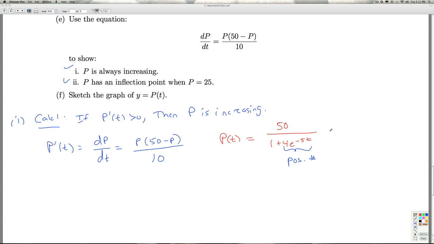So that means P of t is equal to 50 over something bigger than 1, which means P of t is always between 0 and 50. With that observation, P prime of t is always bigger than 0 because P is bigger than 0, and 50 minus P is always bigger than 0 because P is less than 50. That means this is always bigger than 0, hence P is increasing.